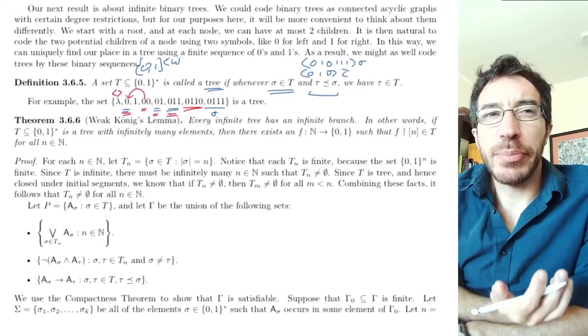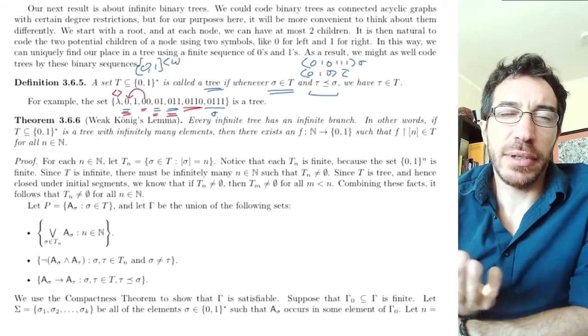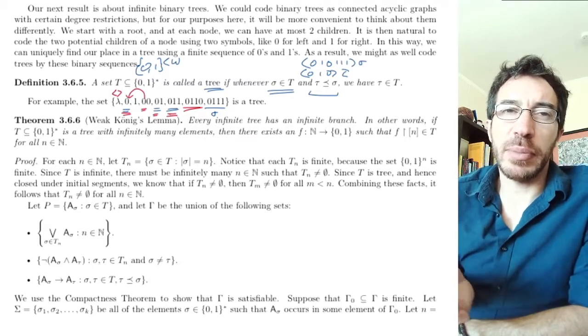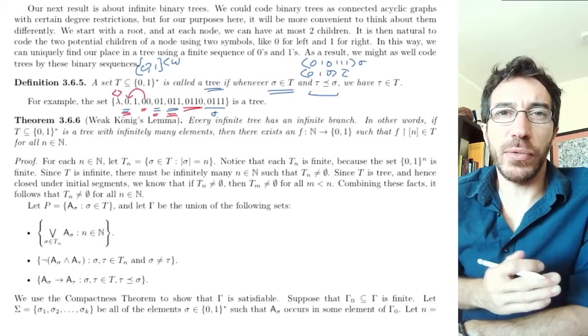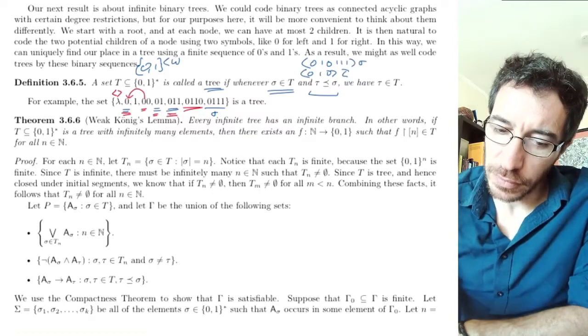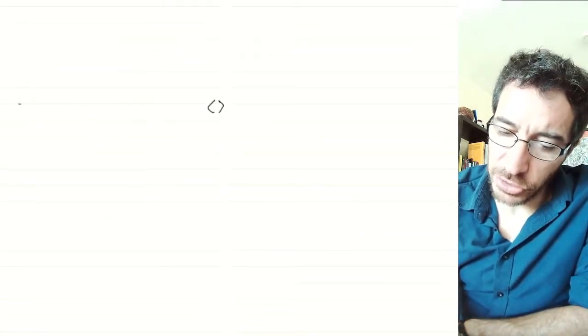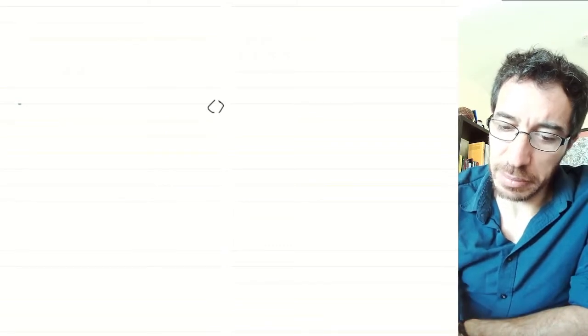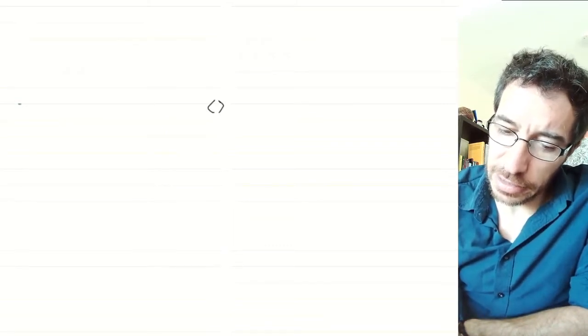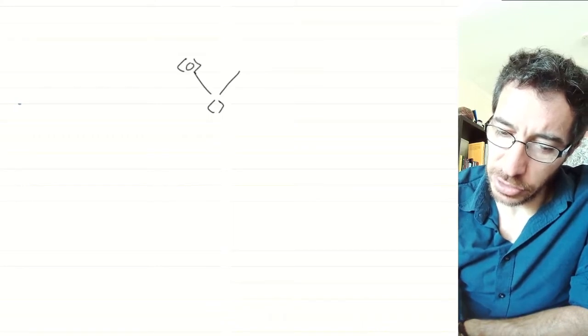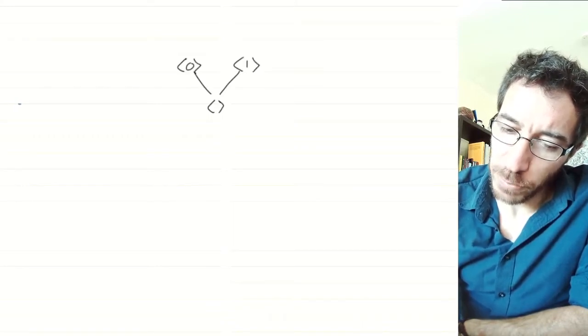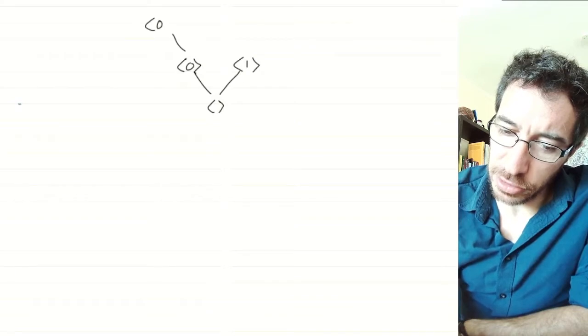So it satisfies the property, but it's a weird set of strings. What about the property? Let's draw it. And why is it called a tree? It's important to draw these things. How you draw it, I don't know. Let's try to draw it as a tree. So here is lambda, the empty tuple. And then essentially you have two possibilities. Here we have tuple 0, tuple 1. And here is 0 0.